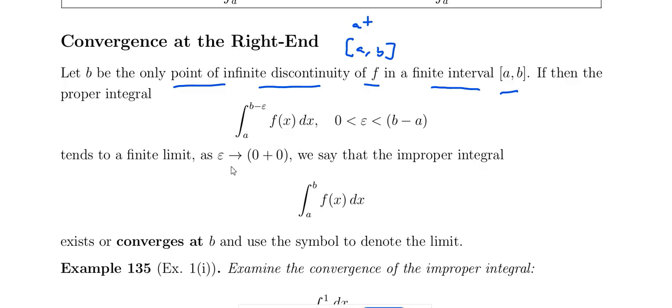Then the integral a to b minus epsilon f of x dx becomes a proper integral. Why is this a proper integral? Because we put b minus epsilon, while the integral a to b is the improper integral.